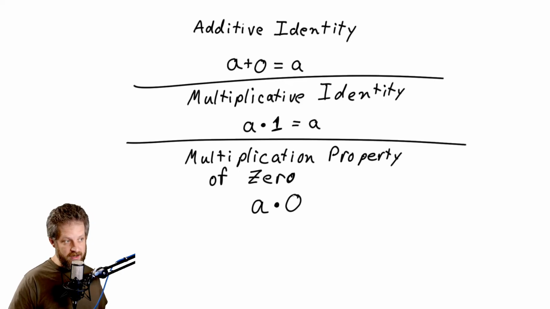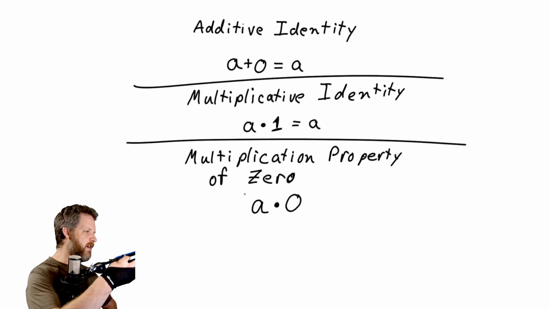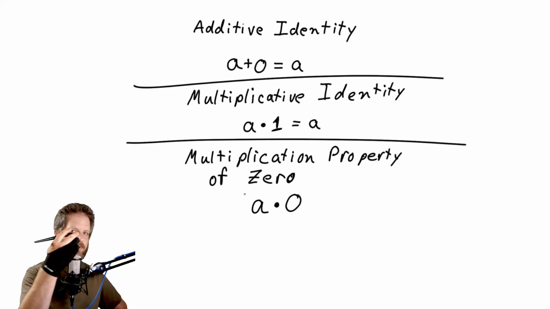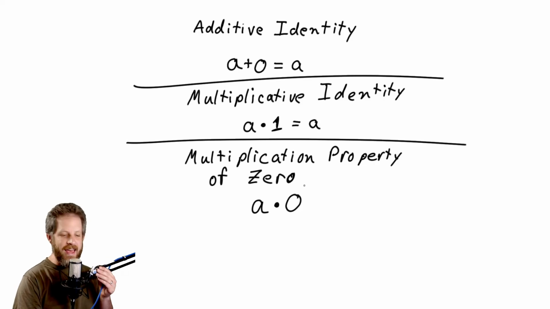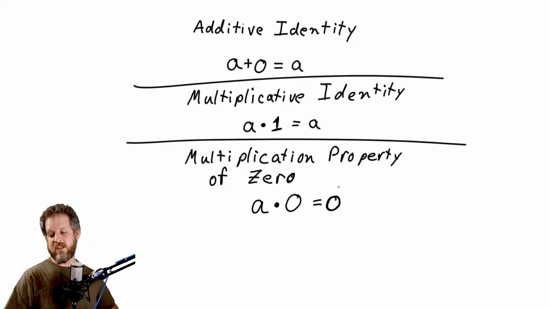Well, if you didn't already know, when you multiply any number, any single number, complex number, real number, imaginary number, whatever number, times 0, it equals 0. And that's the multiplication property of 0, and that's all there is to it. And that is all the properties we're going to talk about.